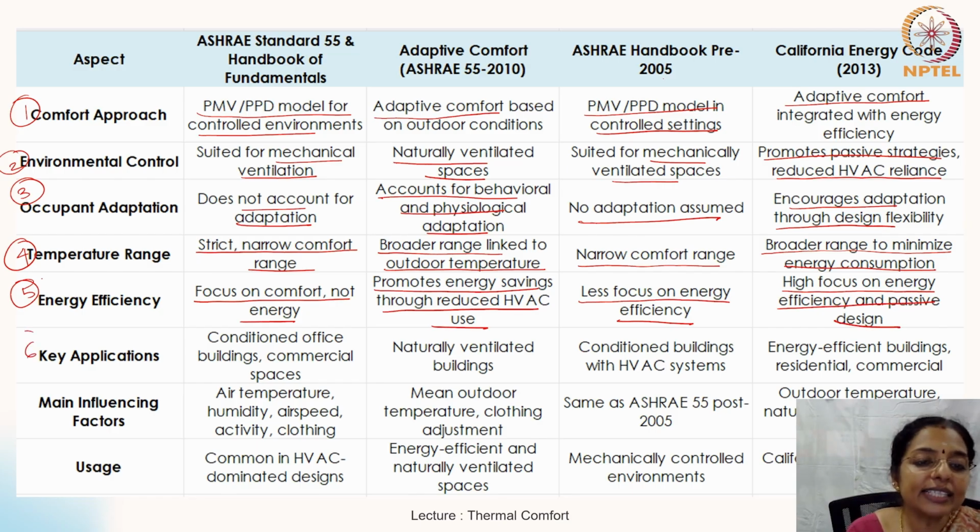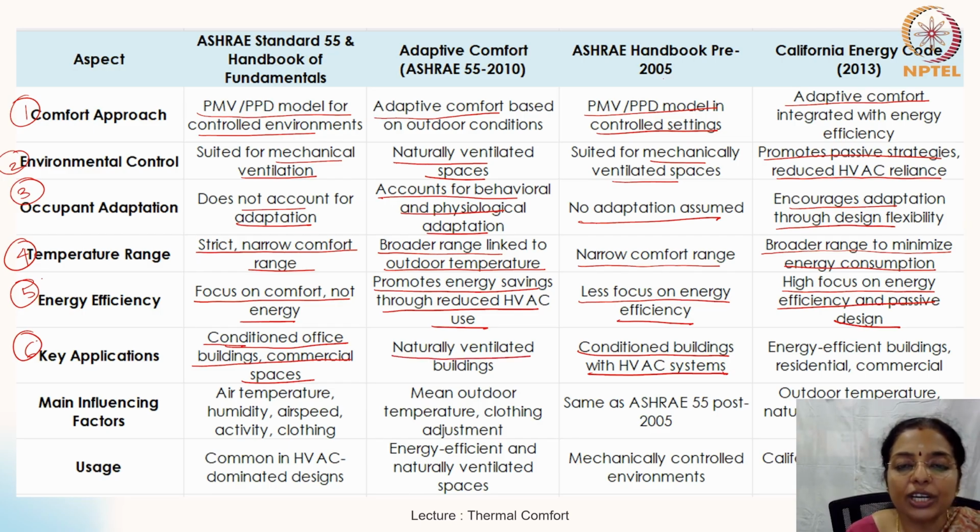Sixth is key applications. ASHRAE Standard 55 Handbook of Fundamentals along with ASHRAE Handbook pre-2005 looks at conditioned office buildings and commercial spaces, all reliant on HVAC systems. Whereas the ASHRAE adaptive comfort model looks at naturally ventilated buildings, and California Energy Code again follows energy efficient buildings in residential and commercial. Next is main influencing factors.